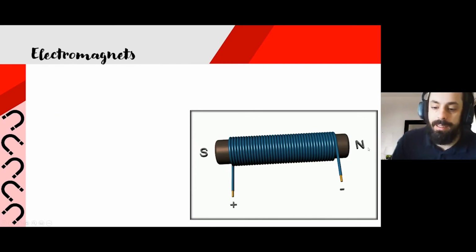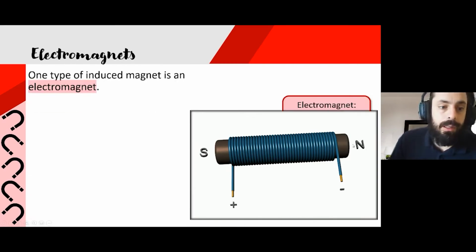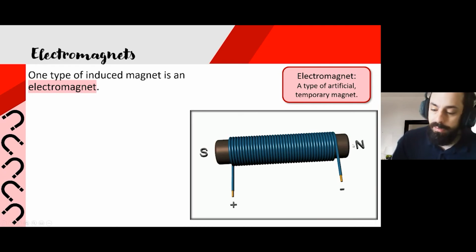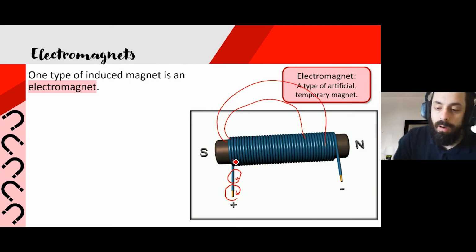Now, electromagnets, guys. So electromagnet is a type of an induced magnet that works when you coil a wire like that. Coil means make little circles with it, okay? And because electricity carries a magnetic field, when you coil it like that, you create a similar magnetic field to the one of a bar magnet, okay?